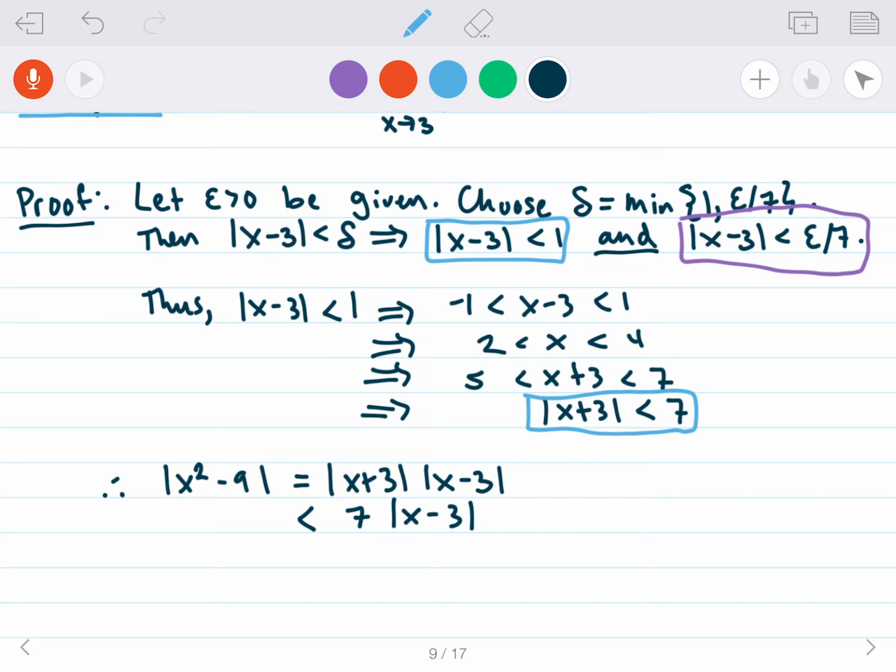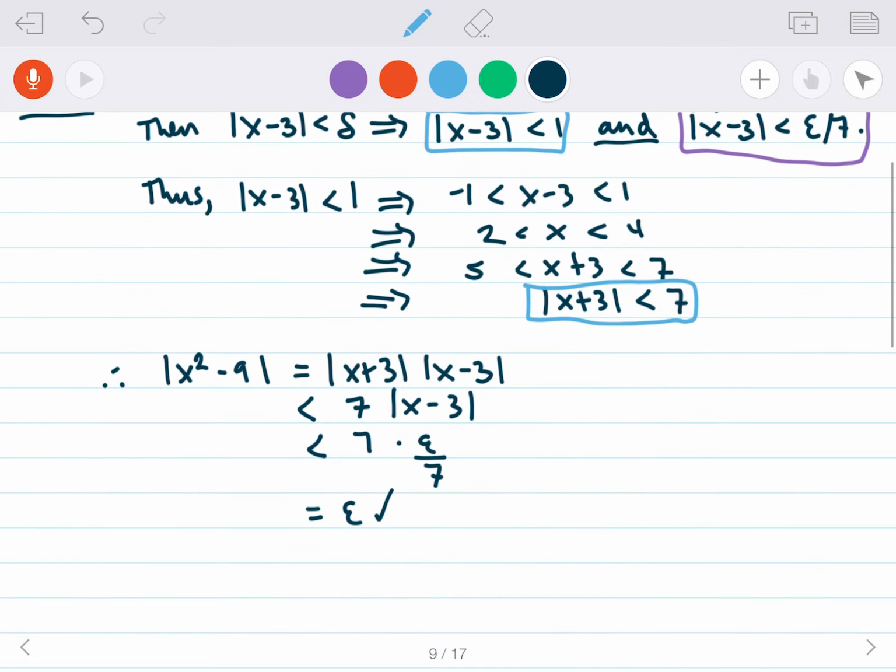So this is going to be less than 7 times epsilon over 7, which equals epsilon. So therefore, the limit as x approaches 3 of x squared, oh shoot, I meant x squared, is equal to 9.